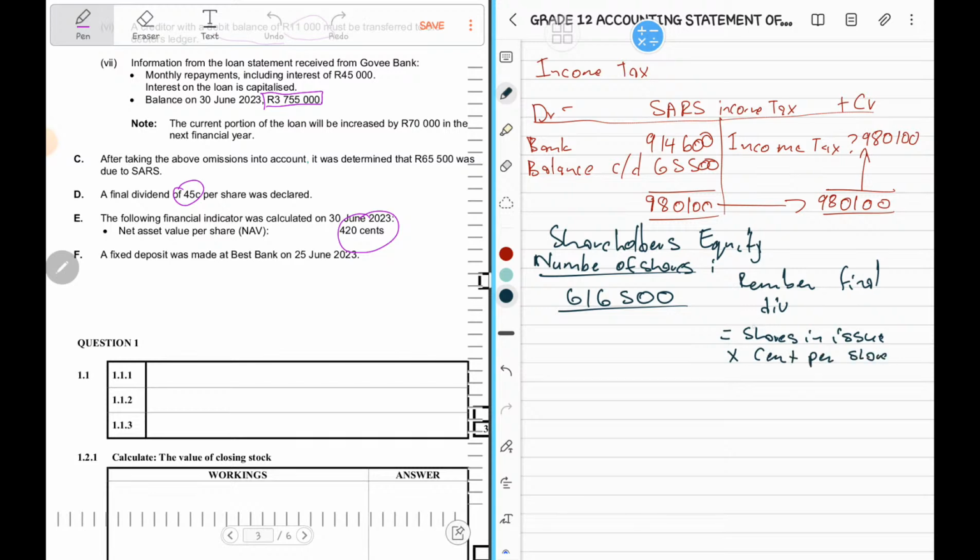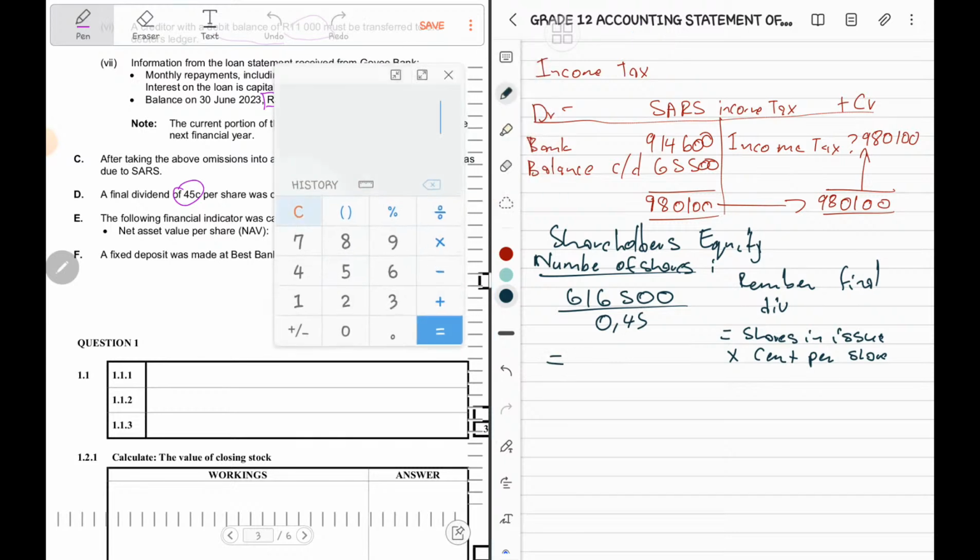So what we have now, we have the final dividend, which is now our shareholders for dividends, and we also have the cents, but we don't have the shares. So we're going to use the shareholders for dividends, and we're going to divide it by the number of cents. That'll give us how much?